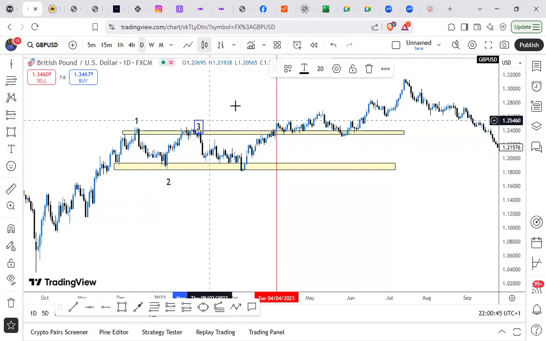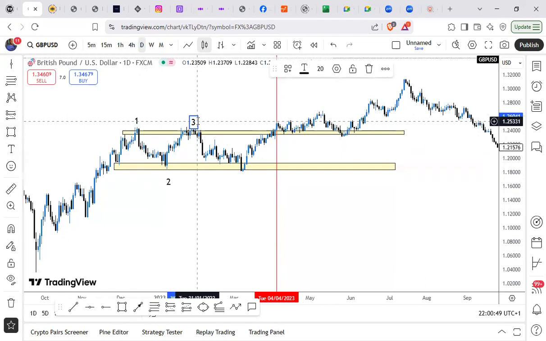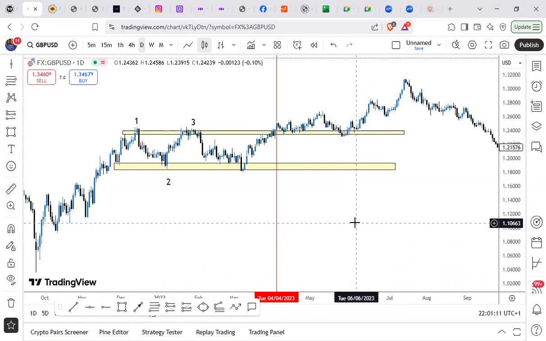My understanding is that before the red line, the market broke the resistance, and then the former resistance after the red line became the new support. So the resistance before is now the support. Exactly. You just got it right.